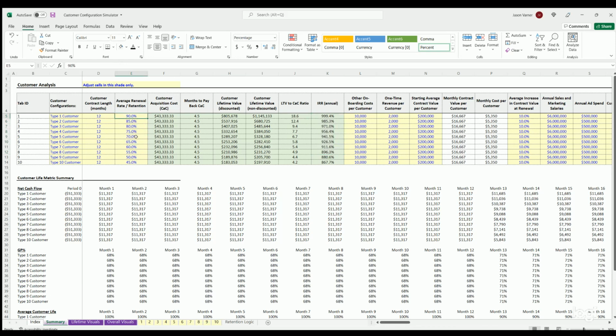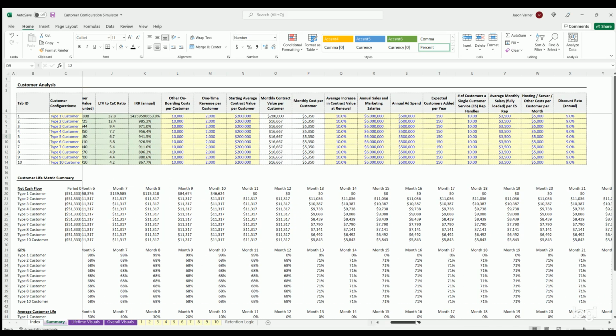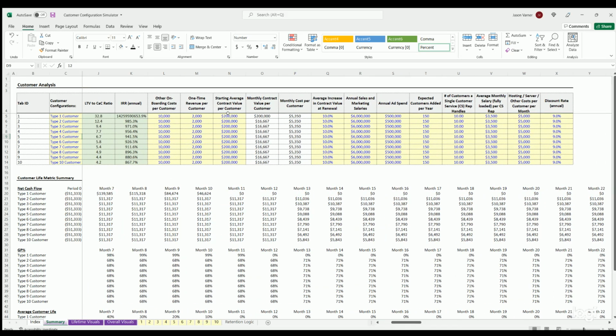You could have the same retention rate, but maybe change the contract length terms. So maybe you want to see what it looks like if you have 24-month contracts versus 12 versus even month to month. This could be 1 month, and you would just adjust your contract value per customer for whatever the value of the contract is. So it's month to month. Let's just do the same here, make it 16,667.